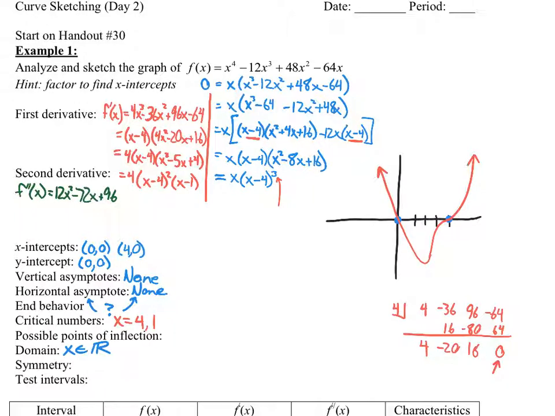So that's 12 times x squared minus 6x plus 8. And that factors into x minus 4 times x minus 2. Okay, so the possible points of inflection are at x equals 4 and 2.